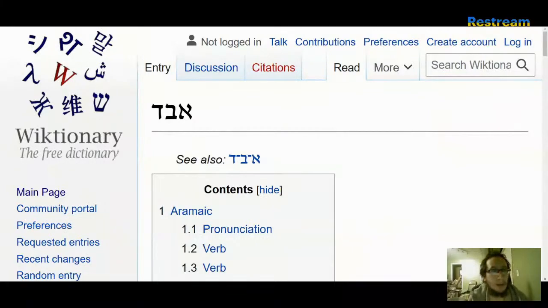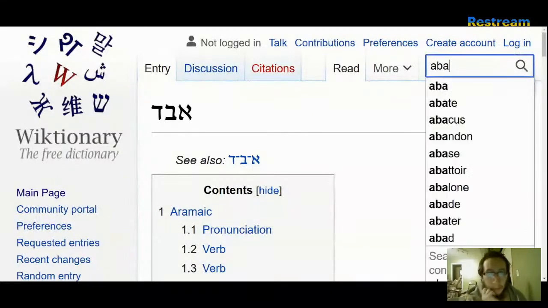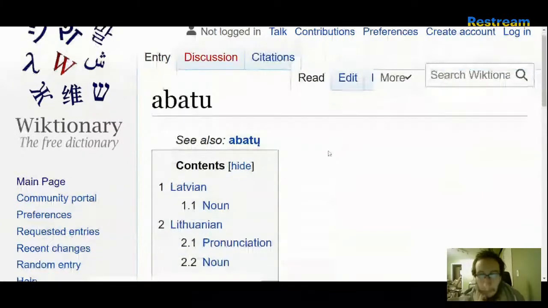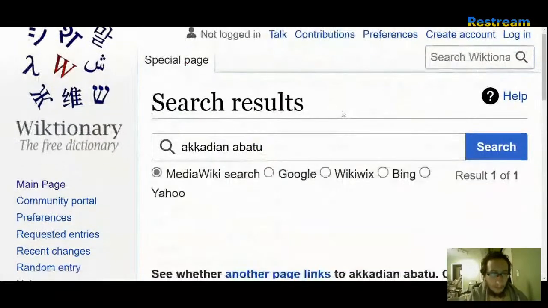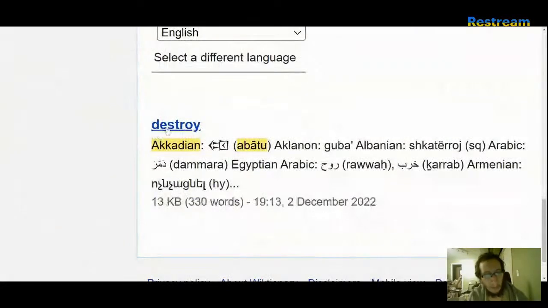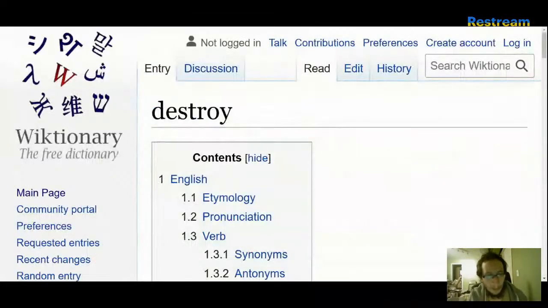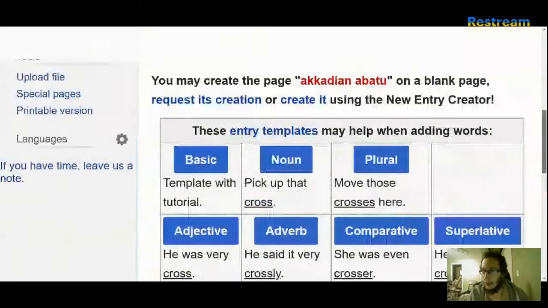Let's see, Abatu. No. Akkadian Abatu. Okay. We found it. Hold on. At least it showed up in the search results, but it's not showing. All right. Let's try this.